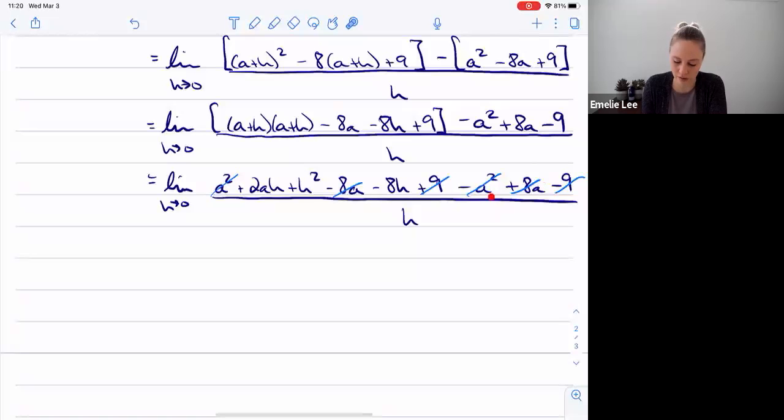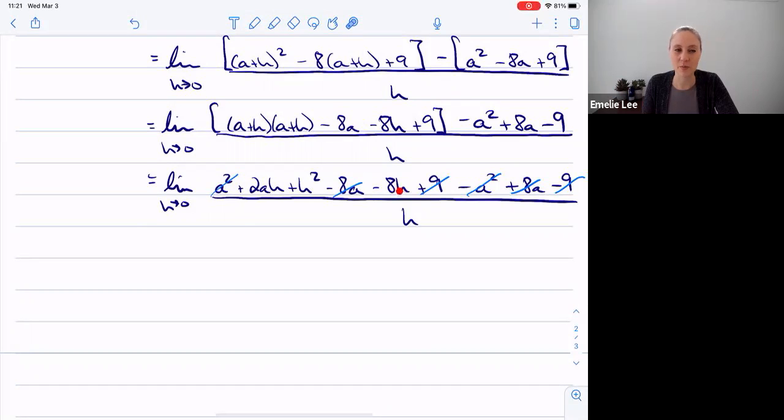There's no h in them, so they cancel. Hate to say always, I haven't looked at all the different scenarios. But now what I'm left with here is 2ah plus h squared minus 8h.